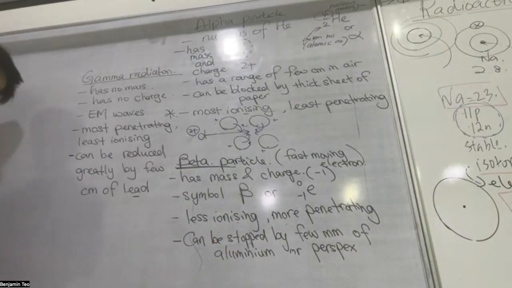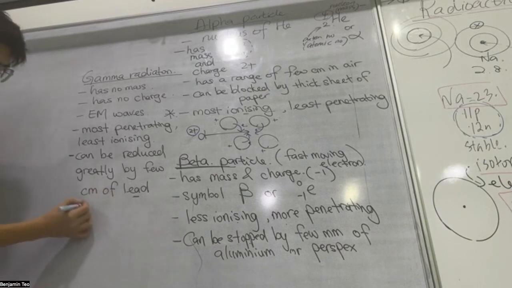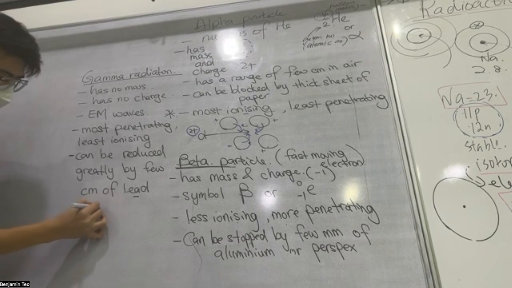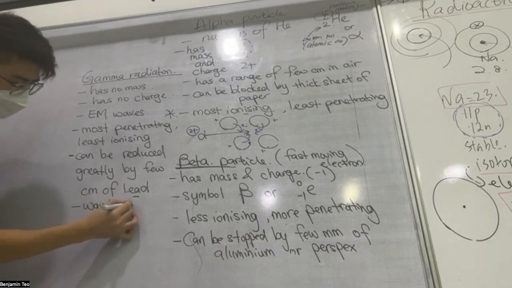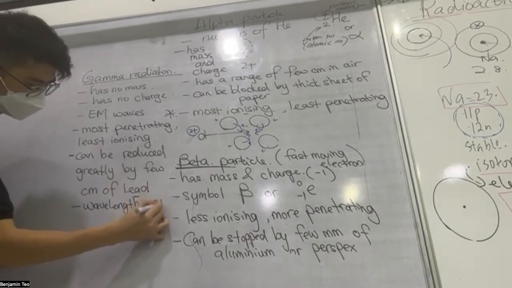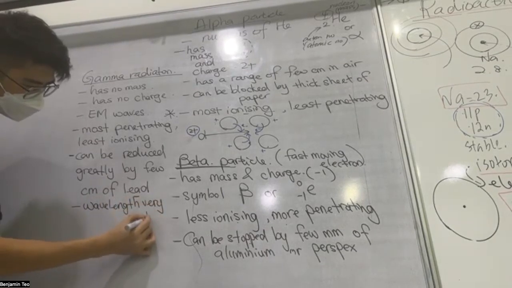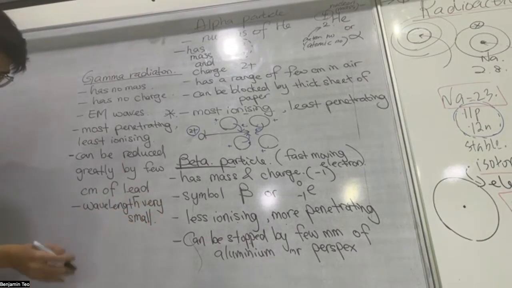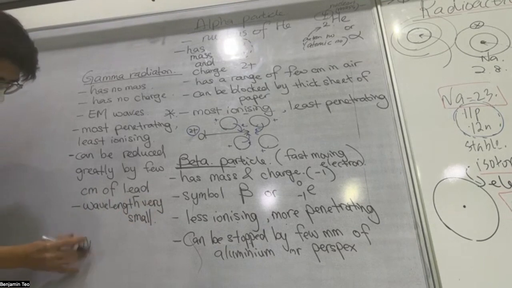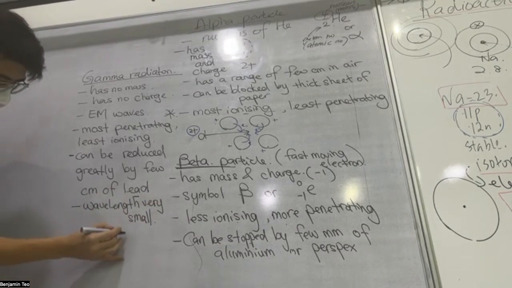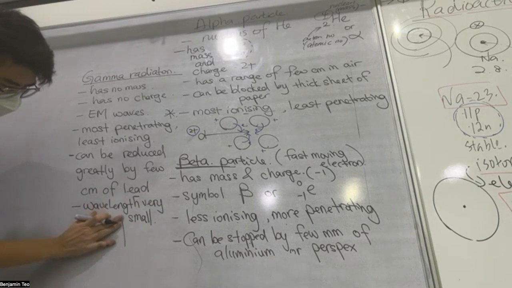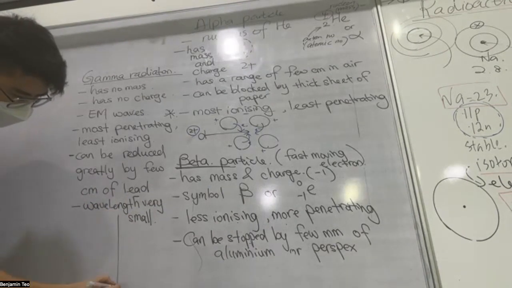Gamma ray is electromagnetic, and its wavelength is very small.